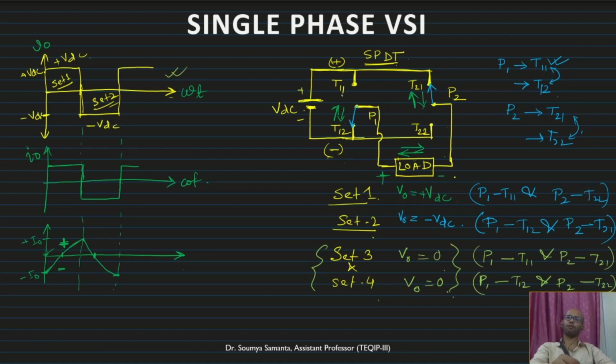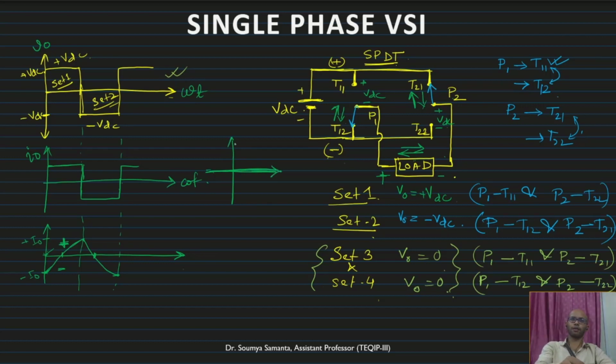Now what voltage blocking capability does the switch have to have? This will be the plus and this is connected to the minus, so this will be the same VDC, and here also this is connected to the plus, this is minus VDC. So unipolar voltage blocking capability and bidirectional current conduction.